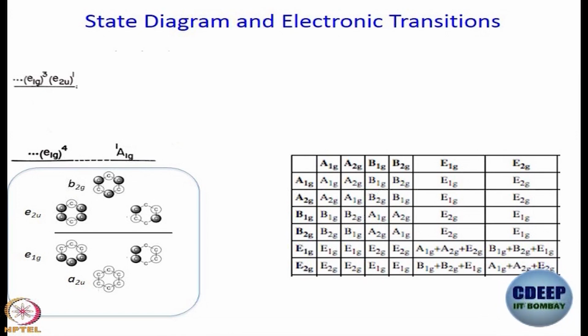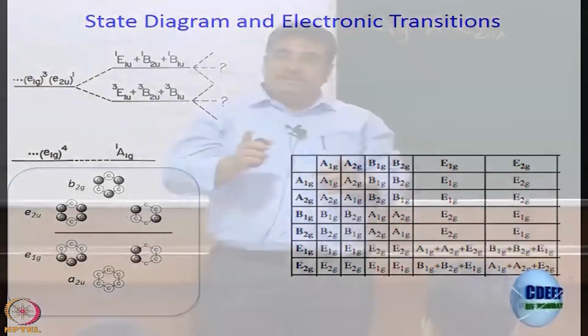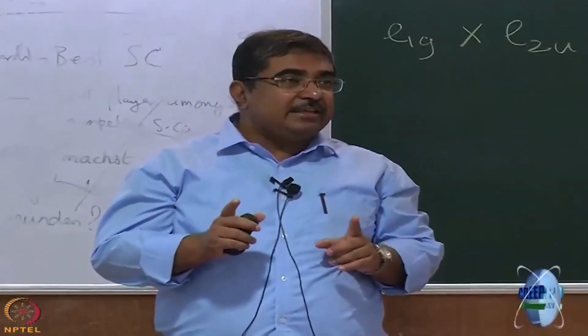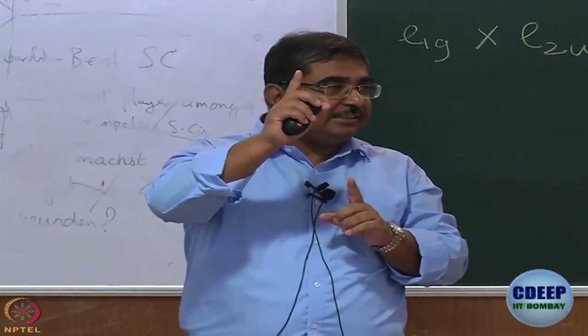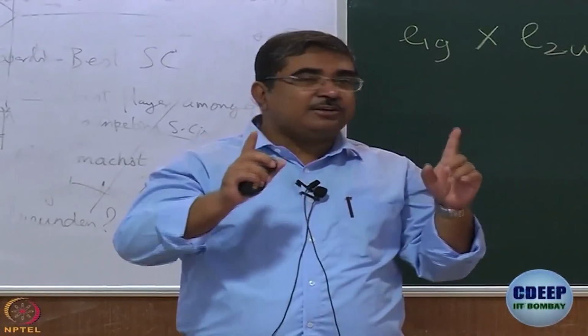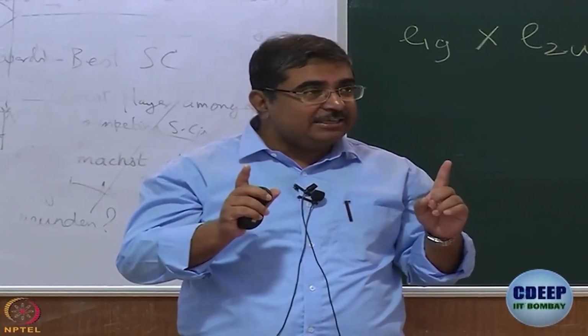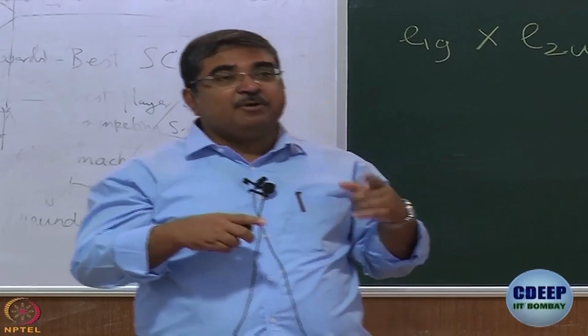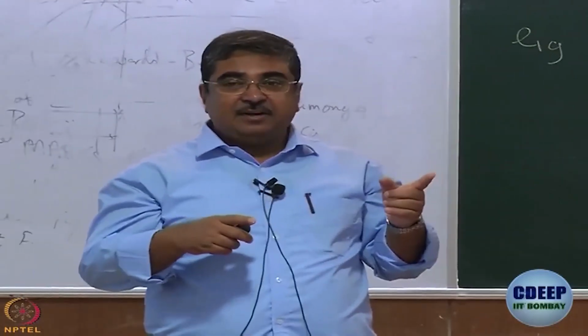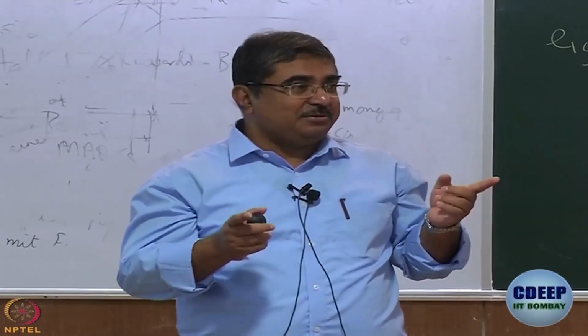So, the states that you can generate are these. And see, I can have singlet as well as triplet. Now, the 2 electrons that are there in singly occupied orbitals are in orbitals of different energies. If the 2 electrons were in orbitals with the same energy, then you would be restricted by the Pauli principle, and not all wave functions would be allowed.